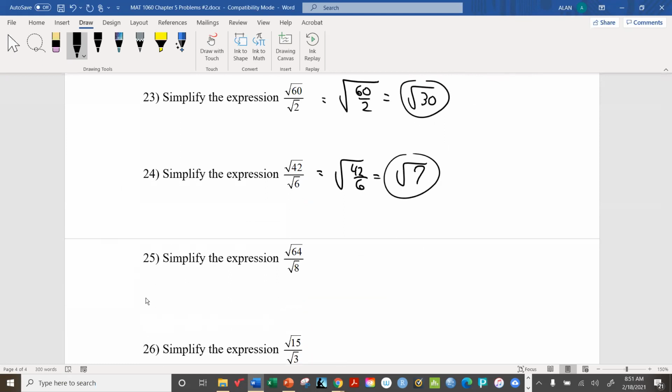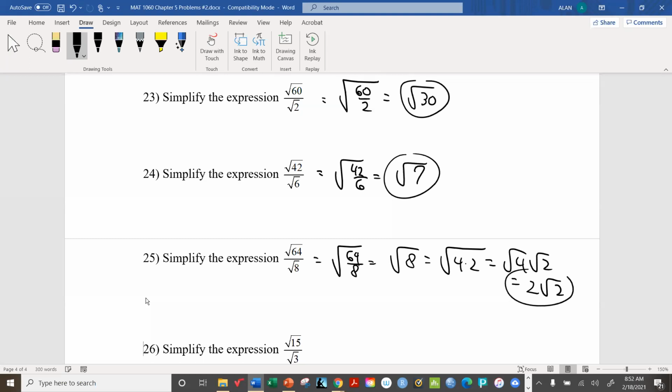Now, in this case, we know that the ratio of 64 over 8 is simply 8, and this can be rewritten as 4 times 2. Okay, that's it. We're done.